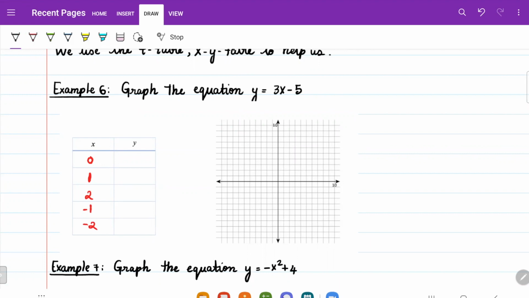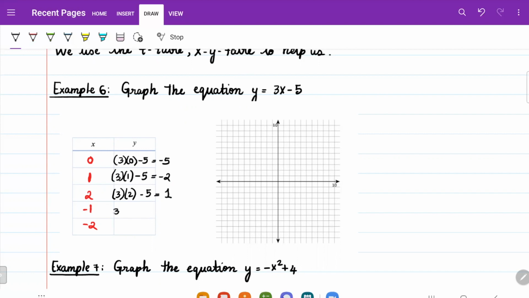When x equals 0, y is basically 3 times 0 minus 5, which is minus 5. When x equals 1, we have 3 times 1 minus 5, which is 3 minus 5, so minus 2. And at 2, we have 3 times 2 minus 5, which is 6 minus 5, so 1.